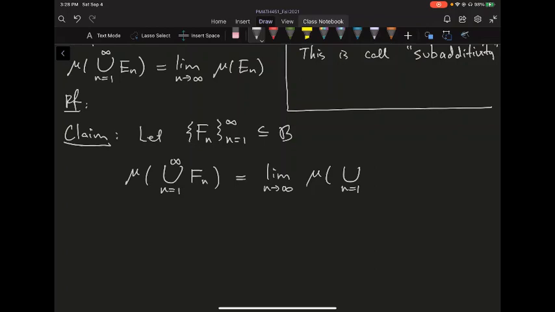So I should use a different letter here, let's say k, where I'm taking the finite union from n going from 1 to k. So I take the first k of them, all right, and then I measure them. So I let k go to infinity, so I'm measuring more and more of the union, then this limit will converge to the countable union of these F_n.